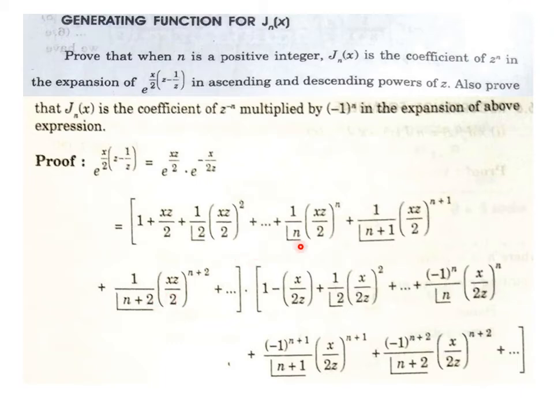containing factorial n plus 1, factorial n plus 2. You have to remember that we have to write these three terms in between, then plus up to infinite, for deriving that generating function easily, into e^(−x/(2z)).